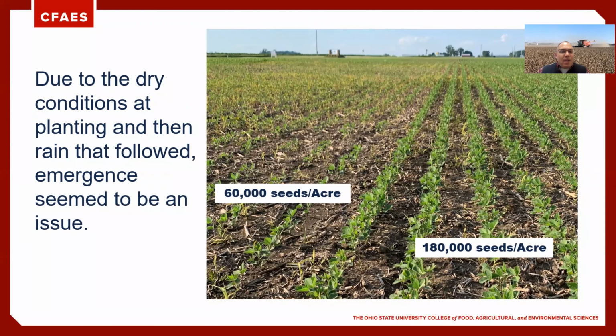Once we got it planted, I do feel like we had some emergence issues, possibly due to crusting. But as you can see here, this gives you a little illustration of the plant populations and the density of the plants in the row. On the left side, you've got 60,000 seeds per acre versus 180,000 seeds per acre, so there's definitely a difference in the density.